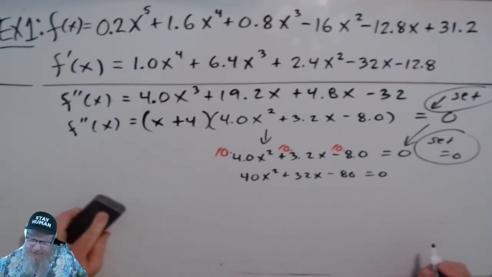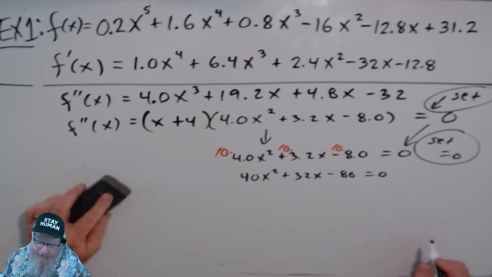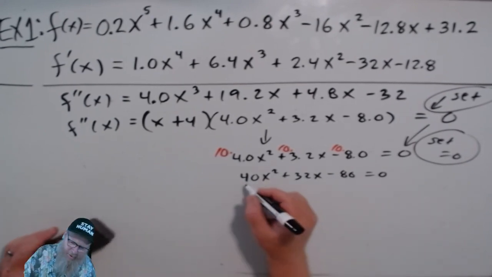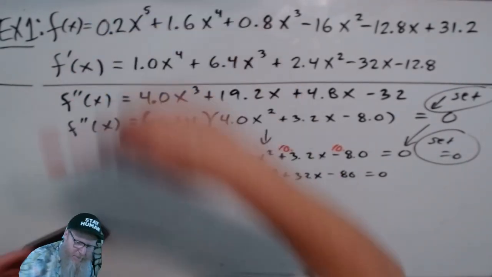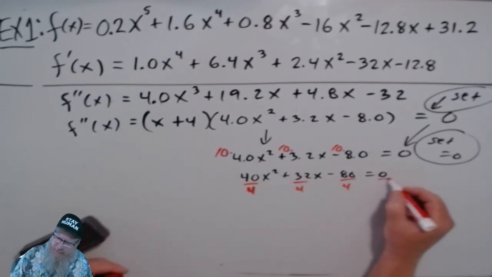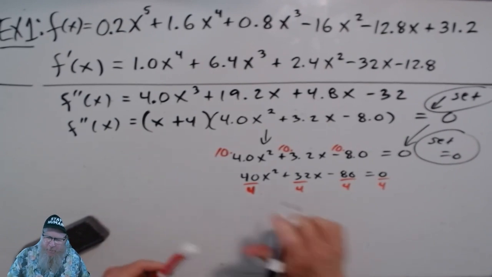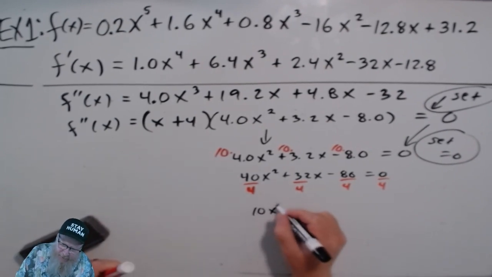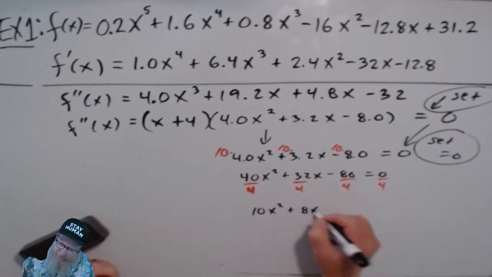What else could you do? You could divide everybody by 4. Do whatever you want to do to try to make the problem a little easier to solve.